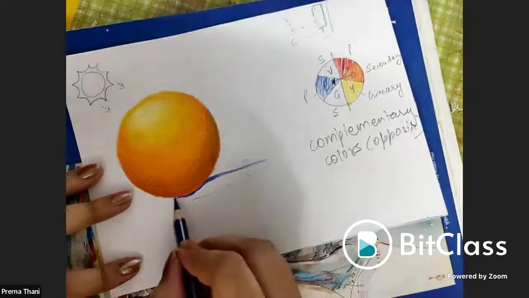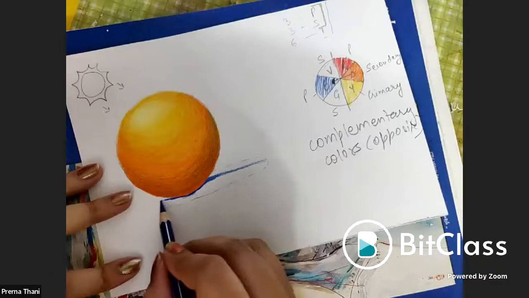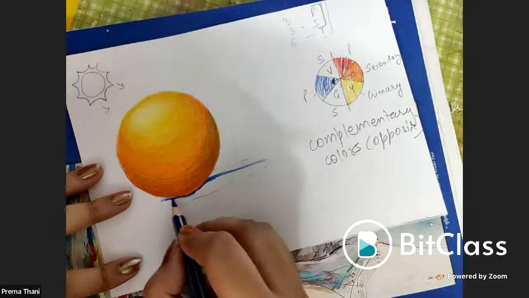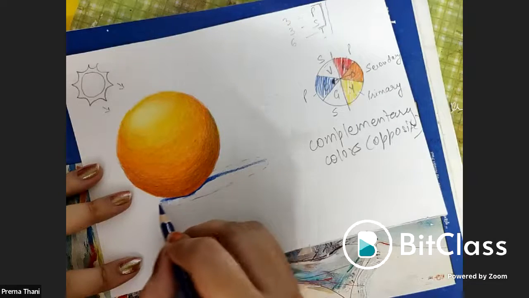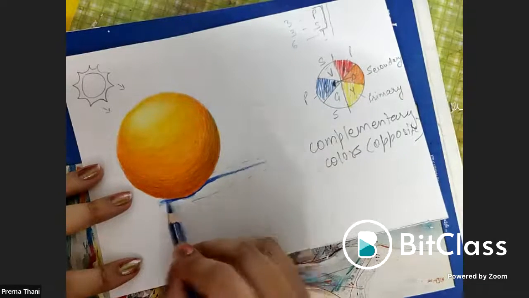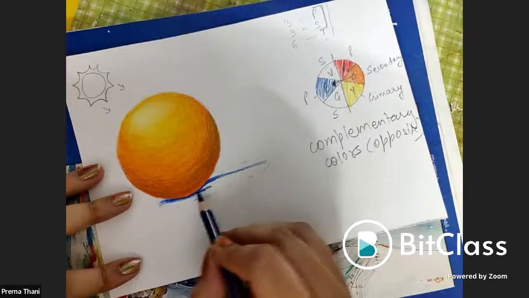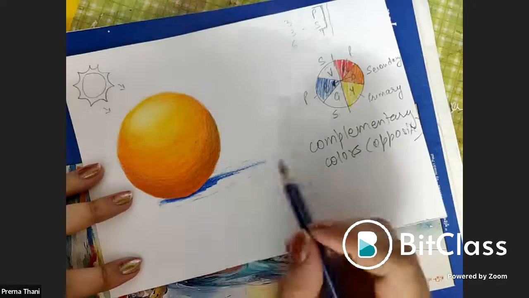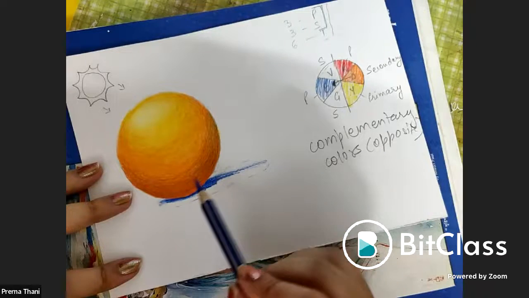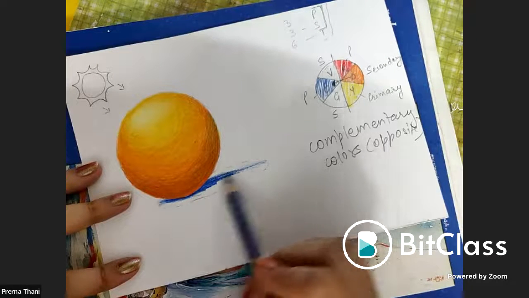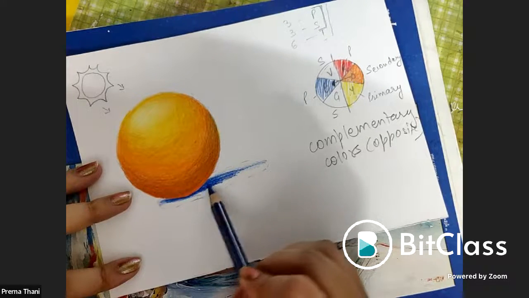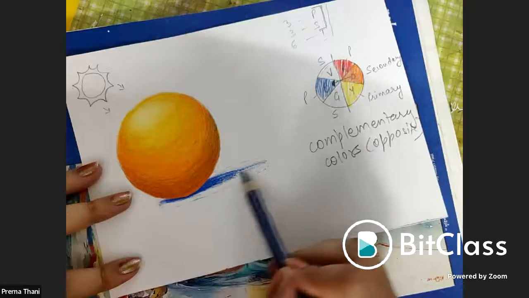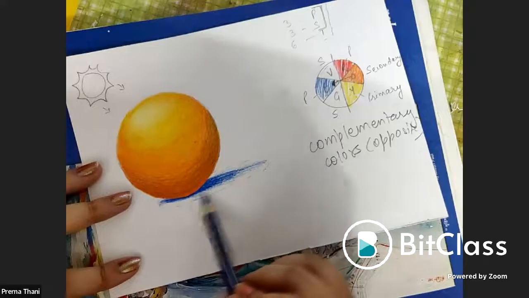I have the length of my shadow. Yes, it's ultramarine blue. Just use any dark shade of blue. Don't use light blue.